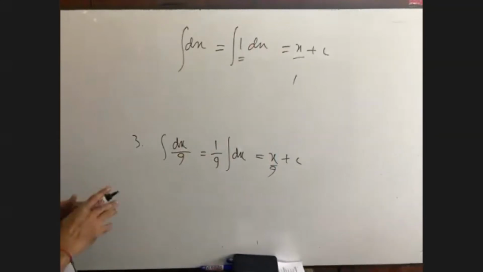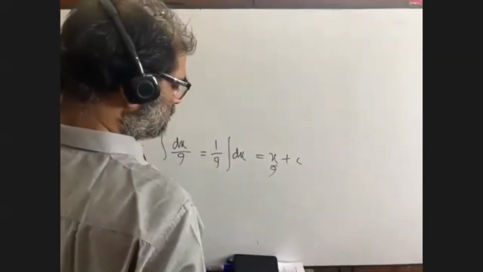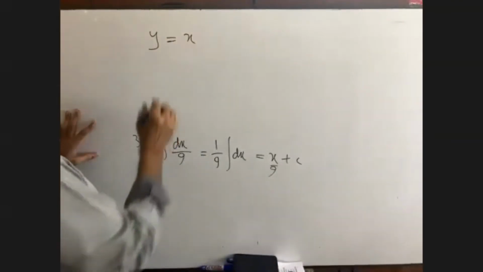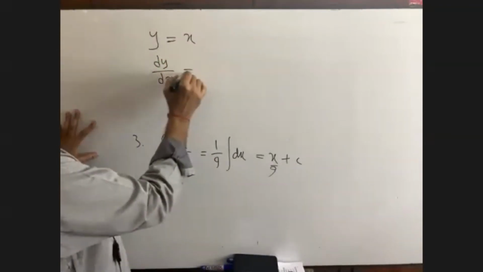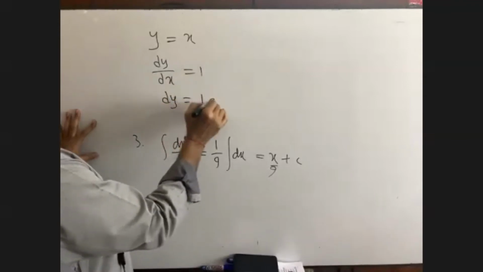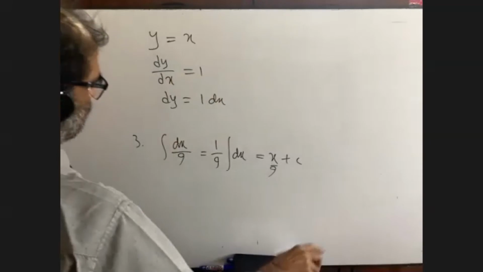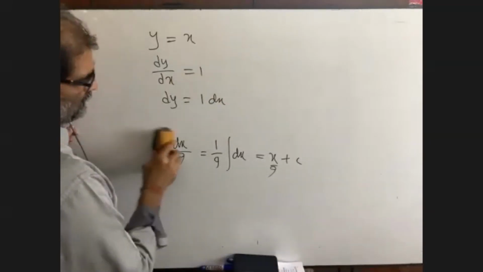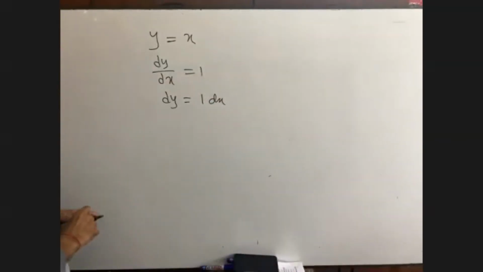Is it okay now? Y equals to x. So dy by dx equals to what? 1. That is dy equals to 1 dx. Have you got me?